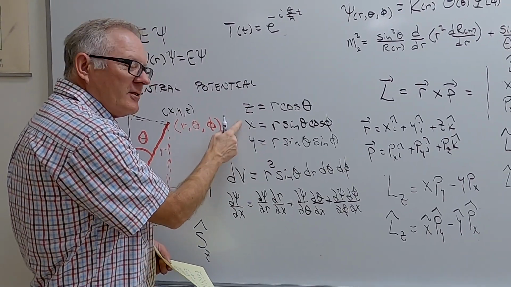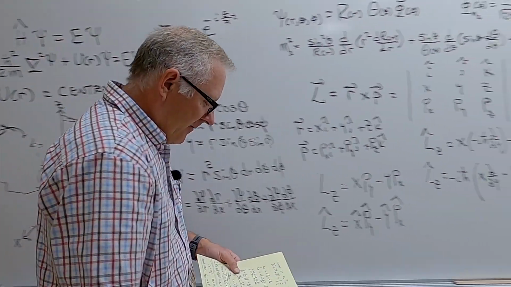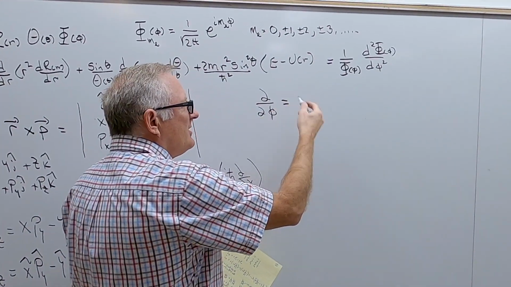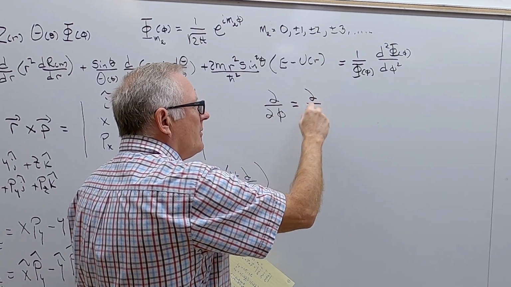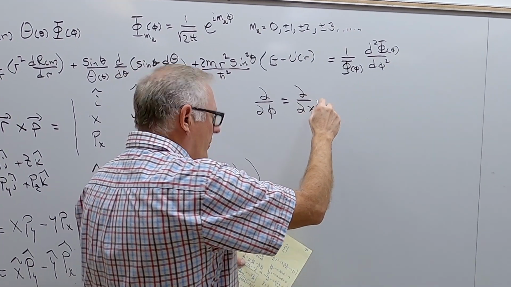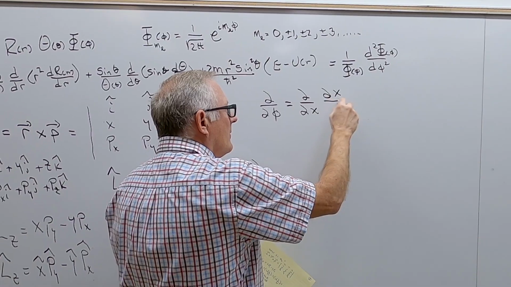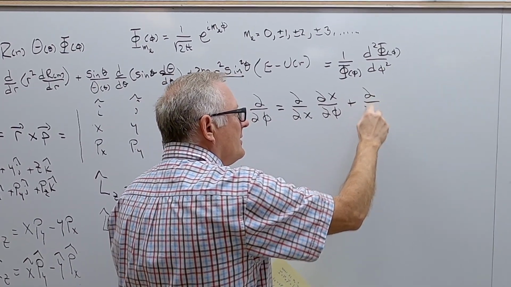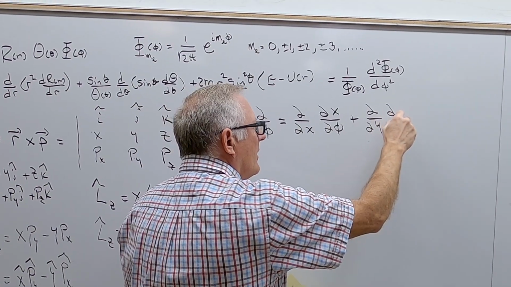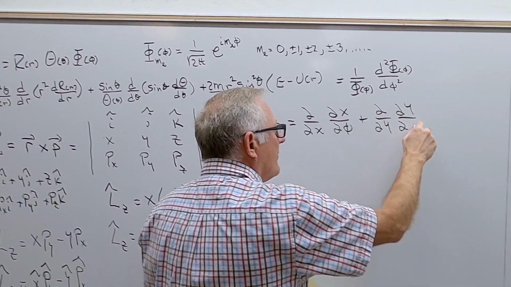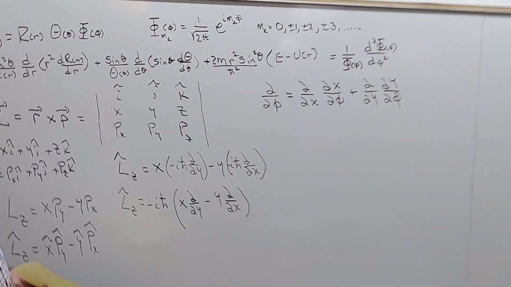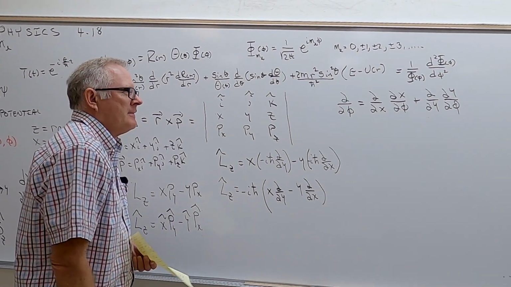Phi is just a function of x and y, and using the chain rule, it would be the partial with respect to x, partial x with respect to phi, plus the partial with respect to y, partial y with respect to phi. Since phi is only a function of x and y, you don't have to do the z.